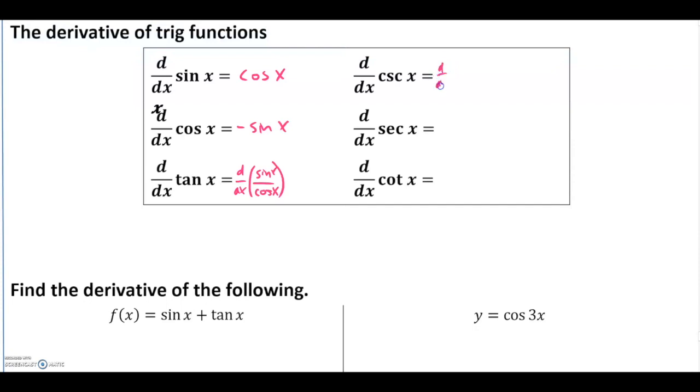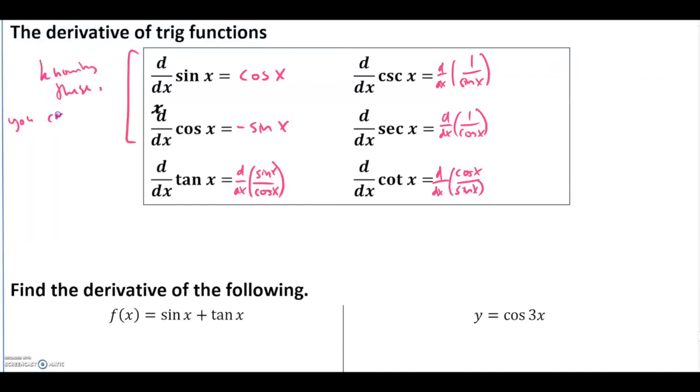Cosecant is actually the derivative of 1 over the sine function, secant is derivative of 1 over the cosine function, and cotangent is derivative of cosine of x divided by sine of x. Knowing these, you can develop all the others using the quotient rule.